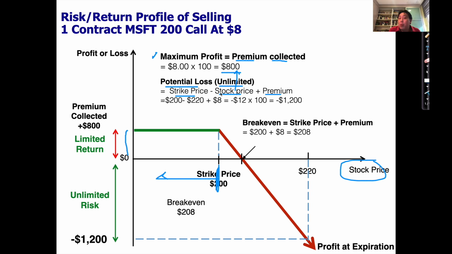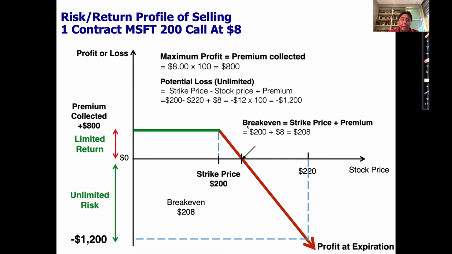But you still get to keep the premium, of course, right? So example, again, if the stock price goes to 220, then your loss would be 200 strike price minus 220 plus $8 premium that you collected, you would lose $12 in total. Times 100, your loss would be $1,200.